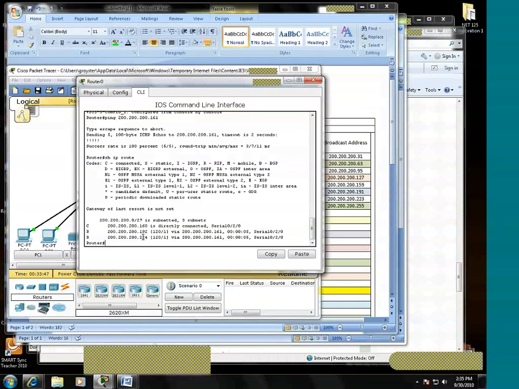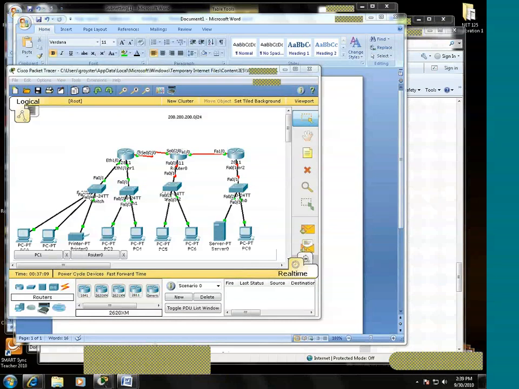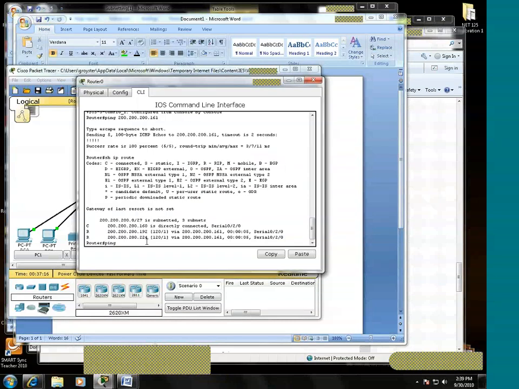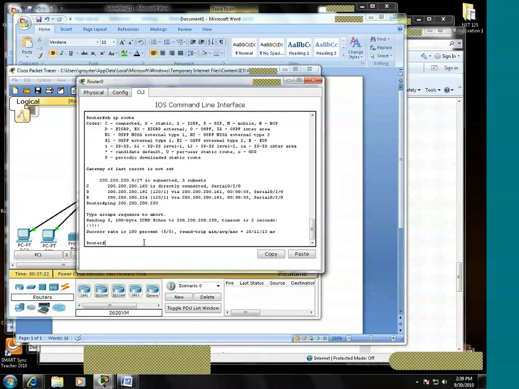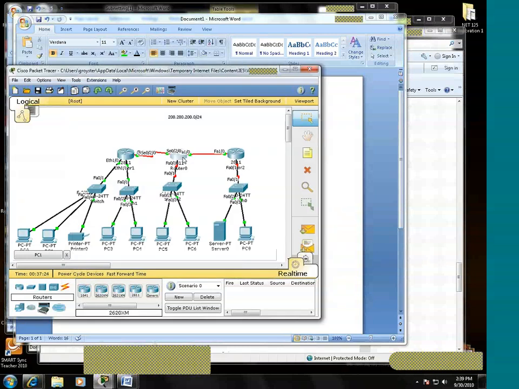The printer is associated with the 224, right? So we should be able to ping the printer because the router has a network address for it. Let's see if we can ping the printer. Yep. 5 successful pings. Okay, now we need to deal with this particular link, broadcast segment.